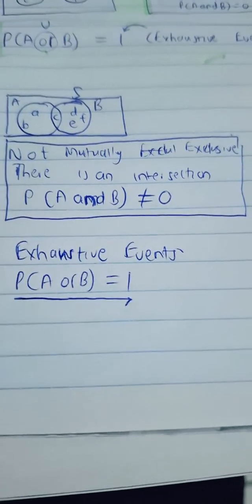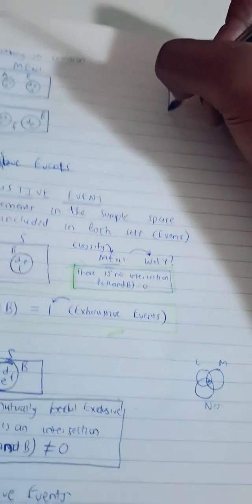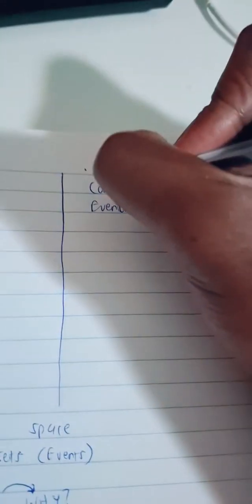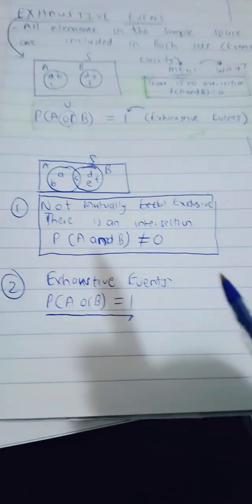Okay. Then I'm now going to touch on the last type of event. A learner sent me a message saying, I don't understand this exhaustive events thing.